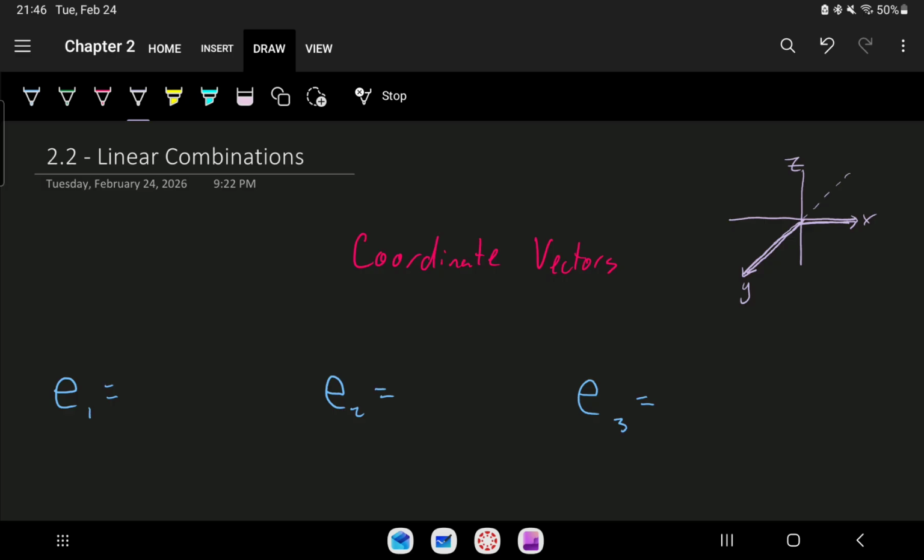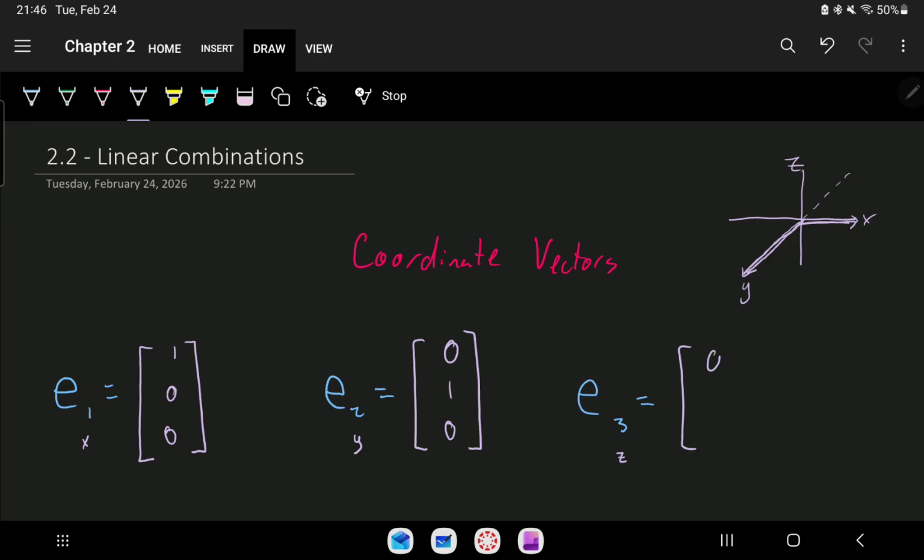We're going to label these E1, E2, and E3, where you can think of E1 as X, E2 as Y, and E3 as Z. So E1 is going to be the vector 1, 0, 0. E2 is going to be 0, 1, 0. And E3, 0, 0, 1.